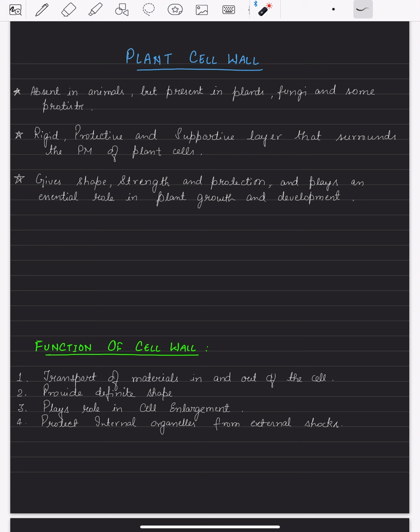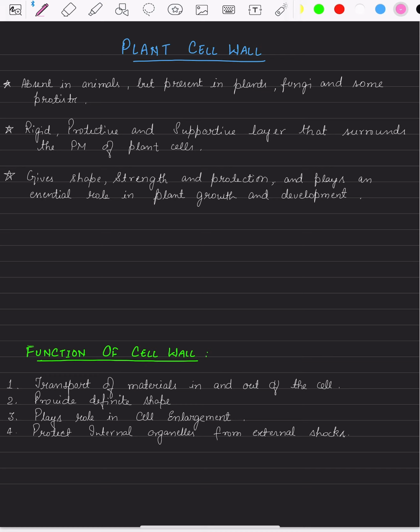So let me tell you about the different layers of the cell wall. Primary cell wall is there, secondary cell wall is there, middle lamella is there. One by one we will see the different types as well as their function. First of all, I have told you about the primary cell wall, then comes the secondary cell wall and the middle lamella.